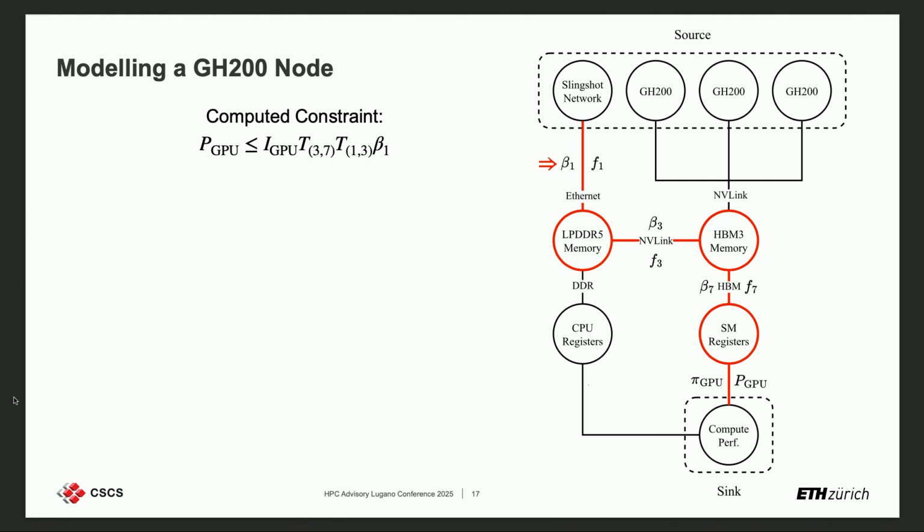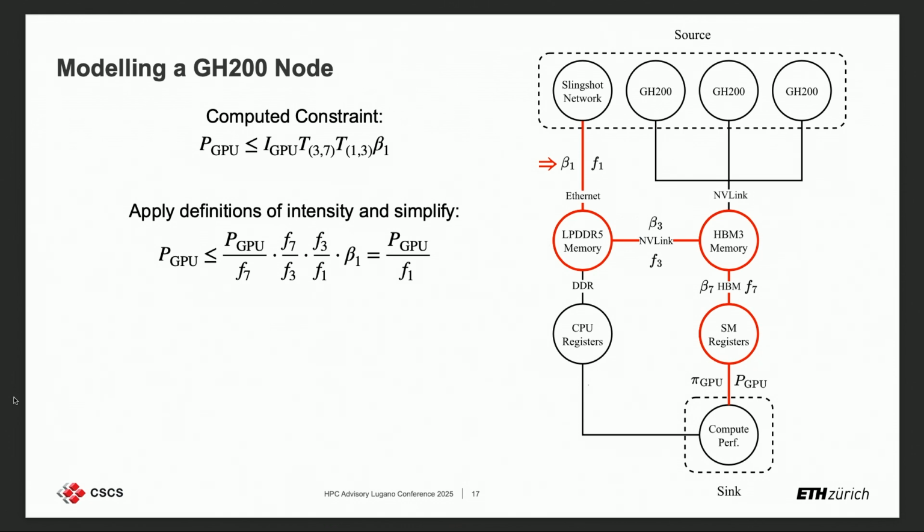And if we actually apply the definitions of intensity and simplify, well, it turns out that really the performance of the GPU is directly limited by the ratio between the compute that you're doing on the GPU and the flow of data that is traversing the first edge, this edge where beta 1 is defined.